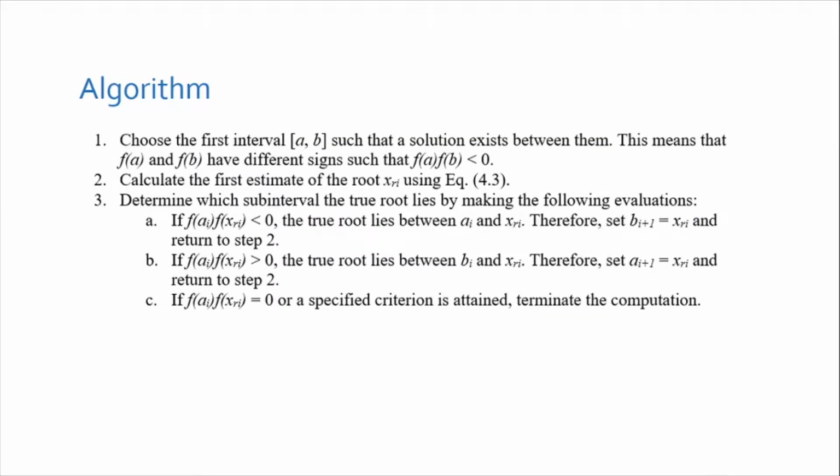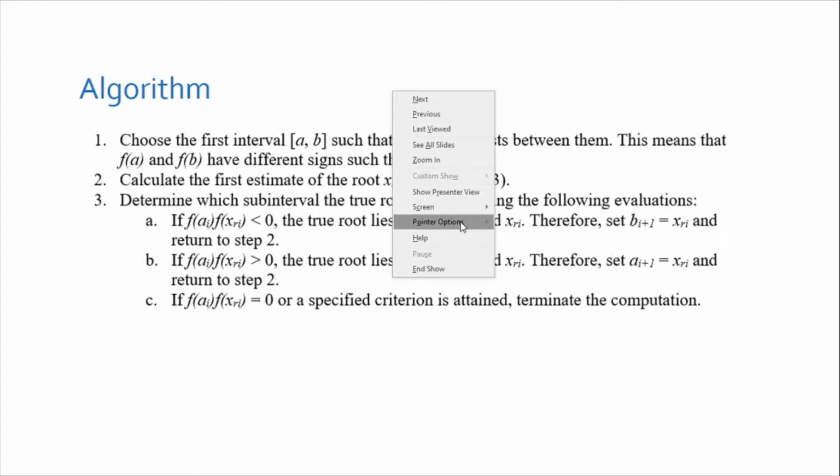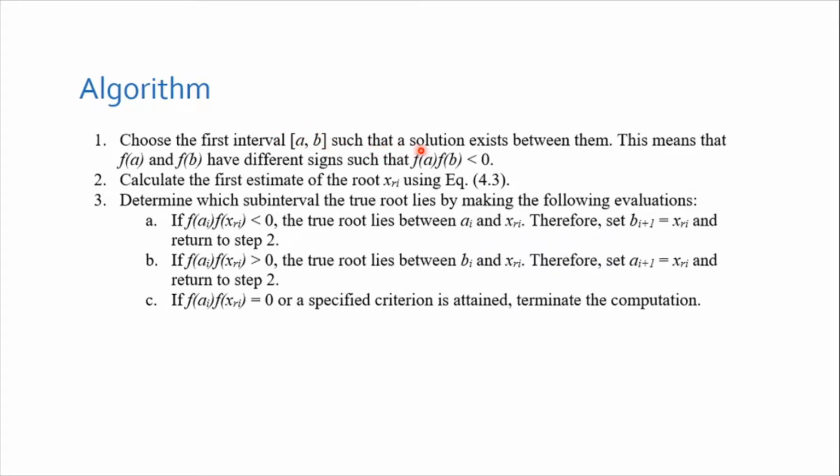So the algorithm of the false position method is this. First, we choose the first interval a, b such that a solution exists between them. This can be checked by multiplying the function at x equals a and x equals b, such that the product of these values of the function should be negative, or less than 0. Next is to calculate the first estimate of the root using equation 4.3.